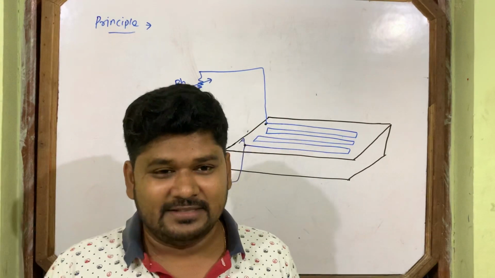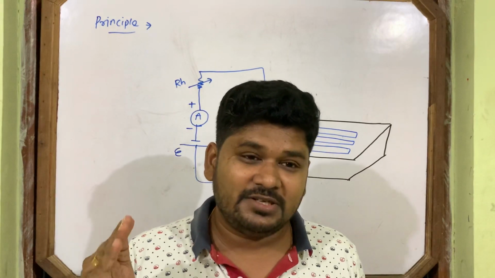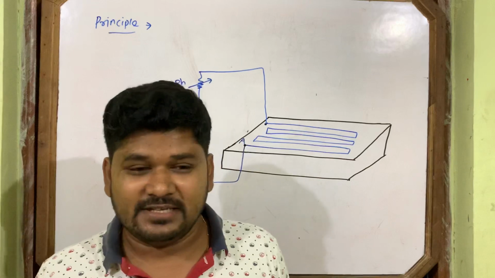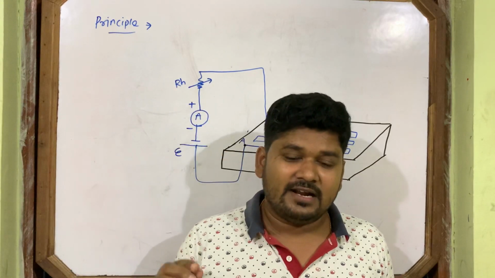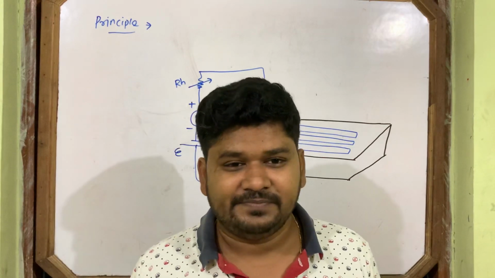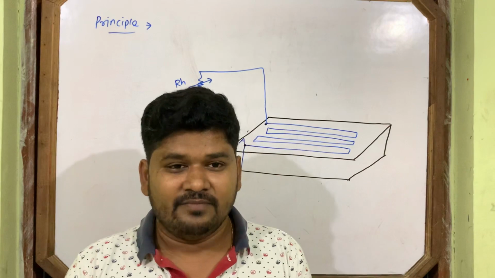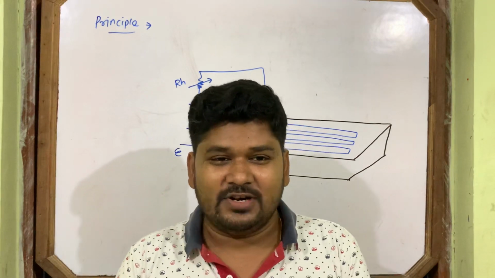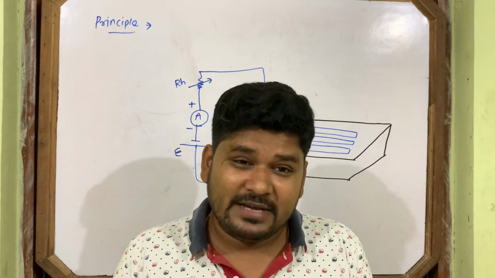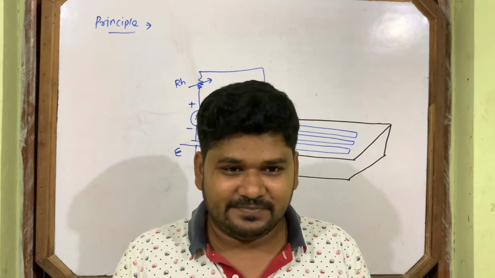No. This is the wrong answer. If you see the copies of board exams, you will find around 30 or 40% of students always write balanced condition of Wheatstone bridge as the principle of potentiometer. Why do they write it? Actually, it is not their mistake. Because this device we teach after meter bridge.